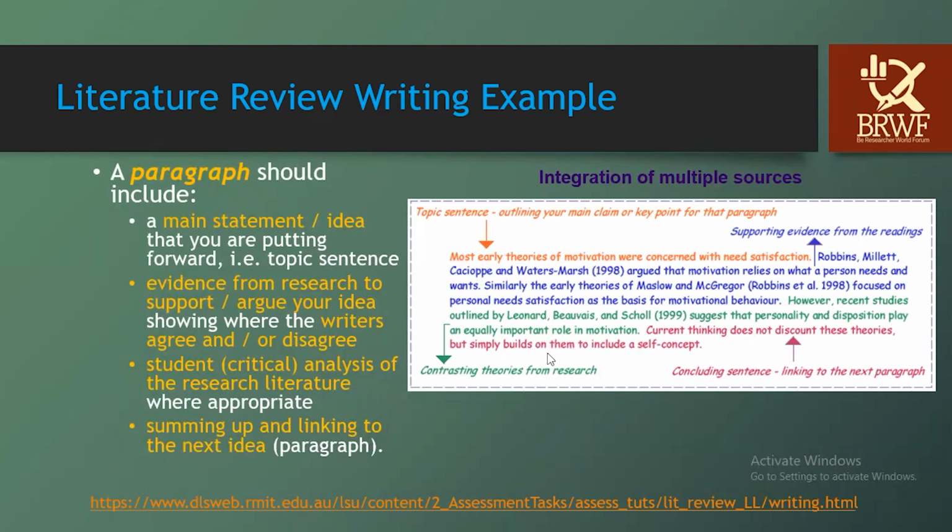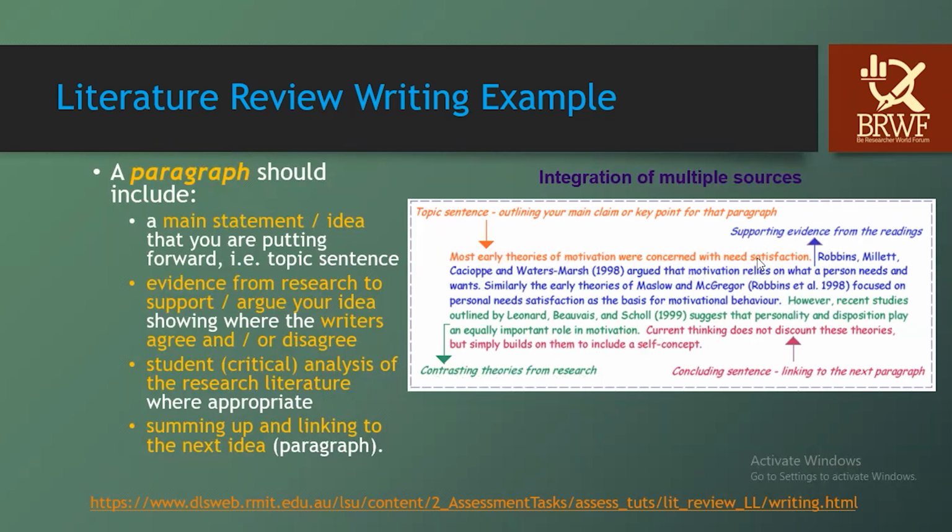But here they try to cover everything, like the topic sentence. This is the topic sentence: the most early theories of motivation are concerned with needs and need satisfaction. Then they provide some supporting evidence of which literature covers these issues. Then again, they say there are some contrasting theories.